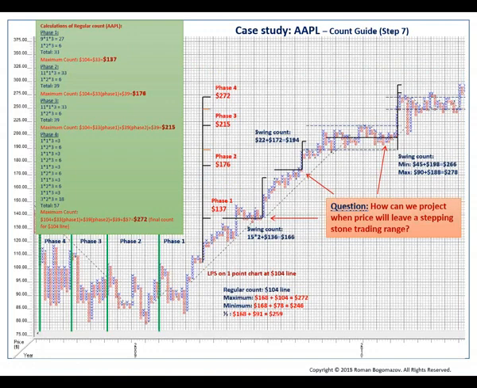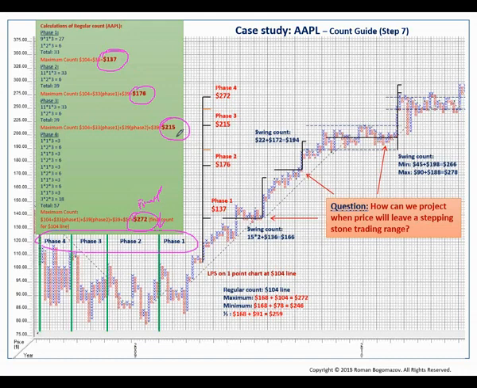So right here on this chart, this is our Apple case study. We see that we have 4 phases, and our assumption is that at the end of each phase, of each count, and we have the counts here, and this is the final count right here, when the price reaches this objective, or it's close to that objective, there might be some kind of stopping action.